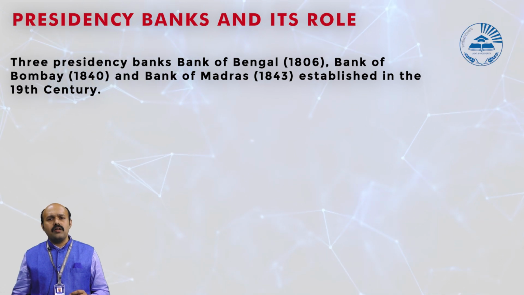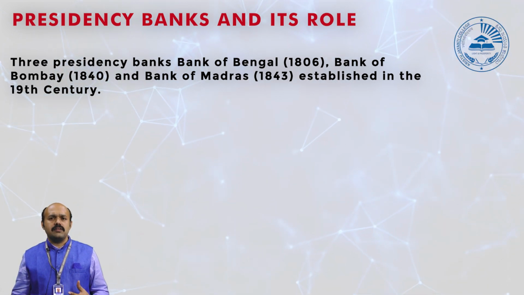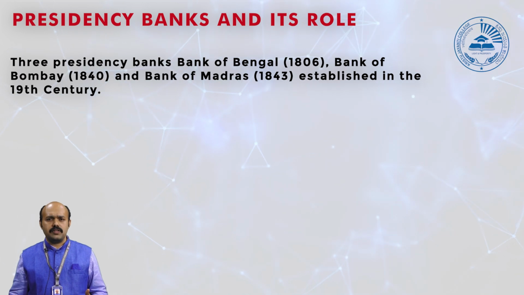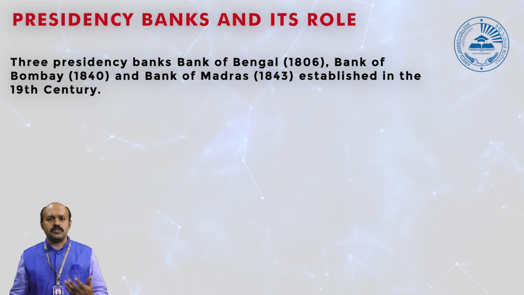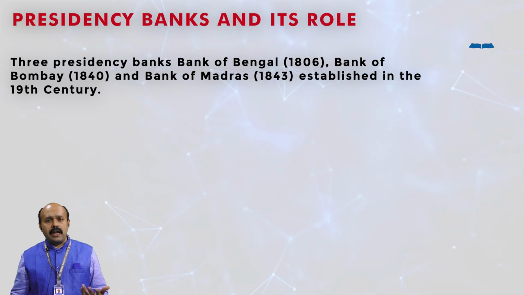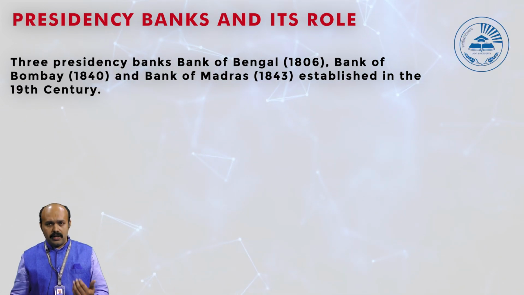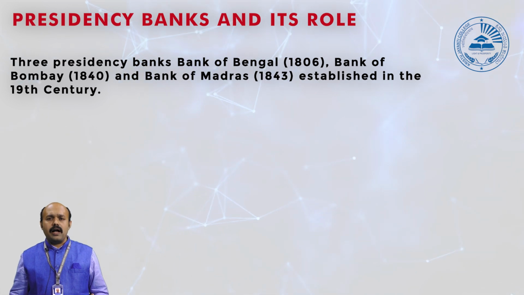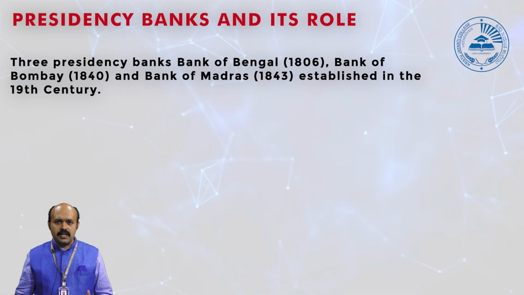In the initial years of independence, we call Bengal highly industrialized because of the trade which used to happen before independence. That was in the year 1806. The Bank of Bengal was established. In the year 1840, the Bank of Bombay was established.